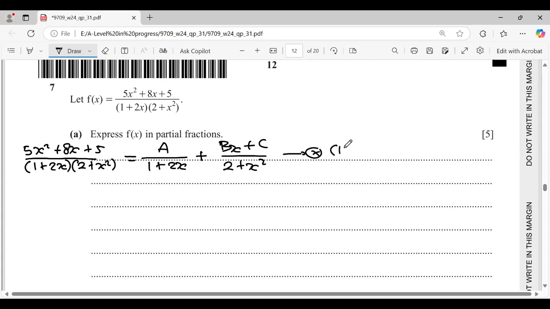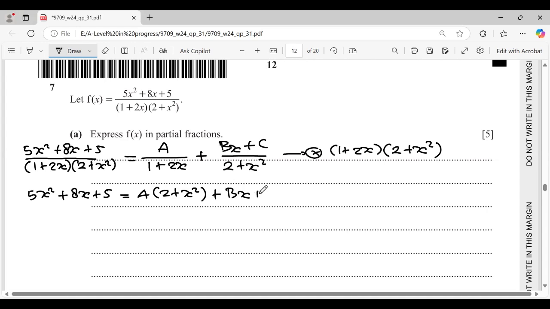Multiply by (1 plus 2x)(2 plus x squared). If we multiply, it becomes 5x squared plus 8x plus 5 equals A times (2 plus x squared) plus (Bx plus C) times (1 plus 2x).